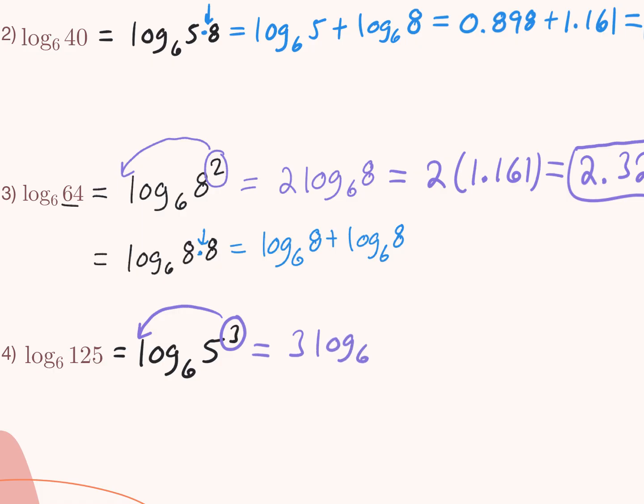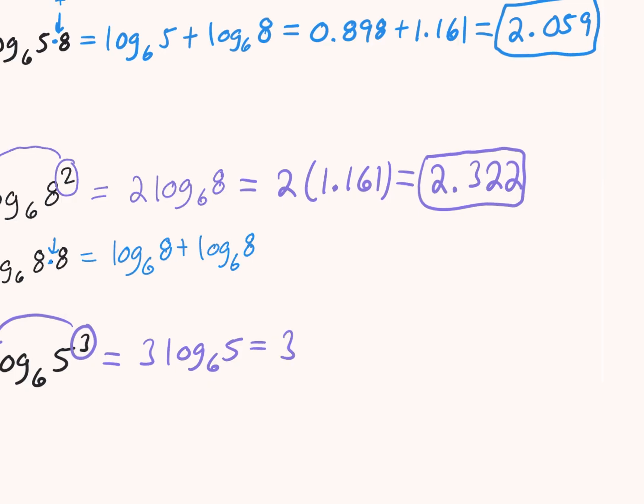So this is going to get us 3 log base 6 of 5. And again, you're going to use the number that you were provided with, right? This is 3 times 0.898. And then when you plug this in, should get you 2.694. All right.